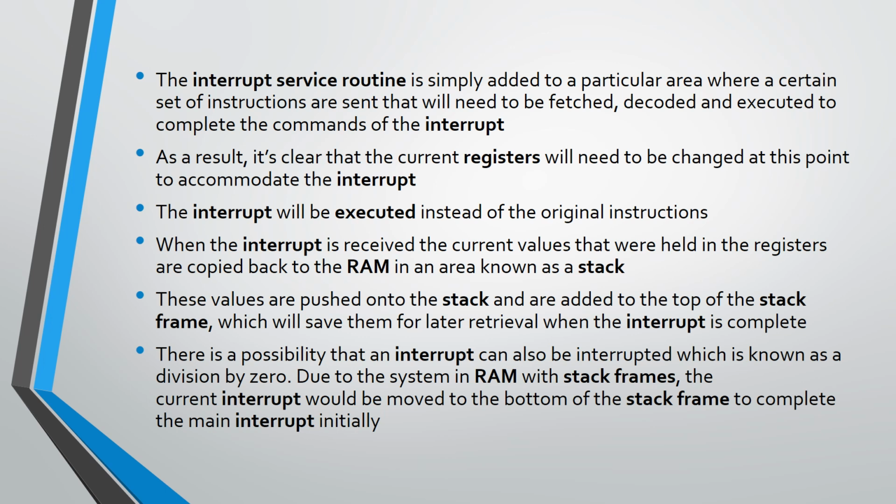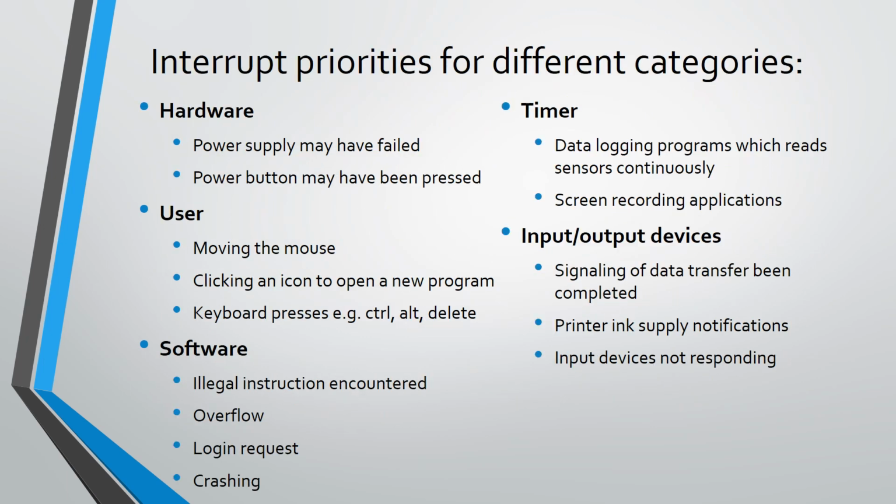And if another interrupt is called during an interrupt, we again give priority to the second interrupt, and hold the previous interrupt in the stack frame. I hope you understand how important interrupts are in our computer system.